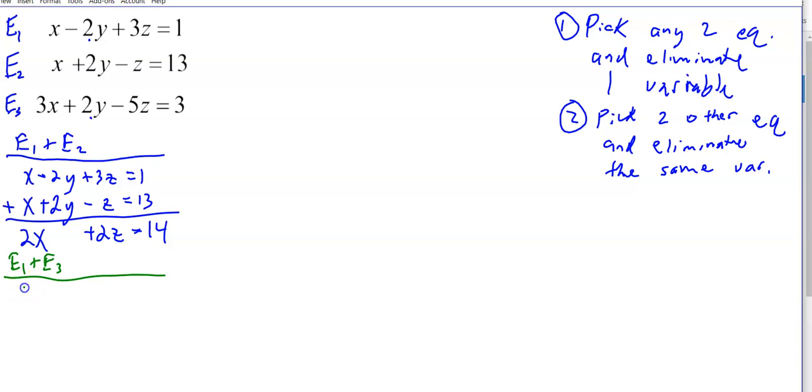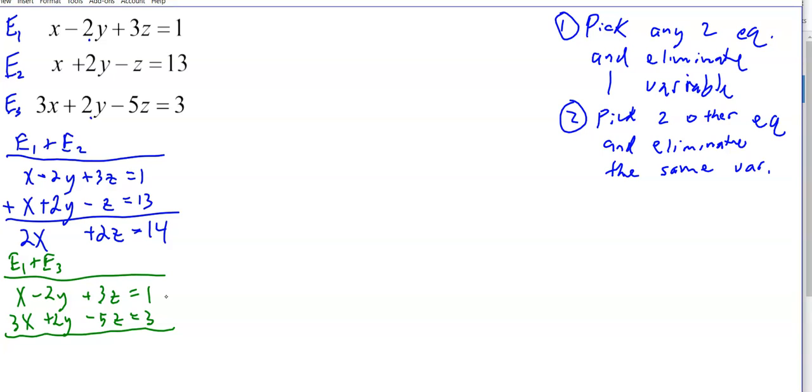So this would be x minus 2y plus 3z equals 1. And equation 3 is 3x plus 2y minus 5z equals 3. It's really important just to keep your eyes focused with so many different equations.